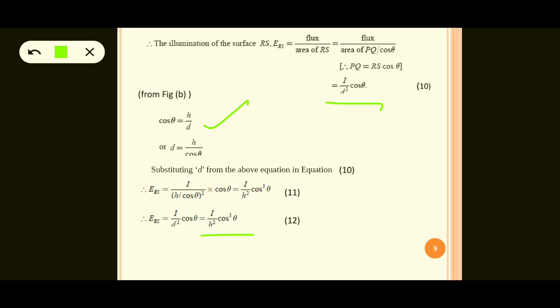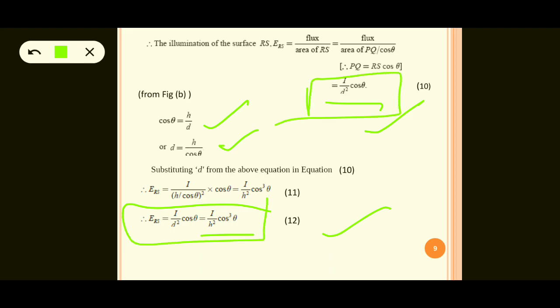So d becomes h by cos theta. So ERS is equal to I by h square cos cube theta, or I by d square cos theta. Any one we can use.